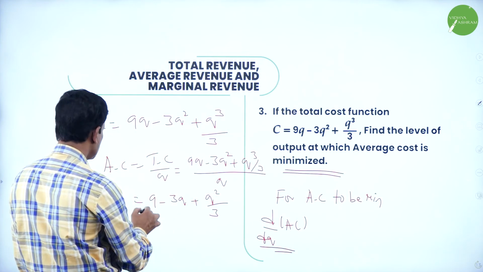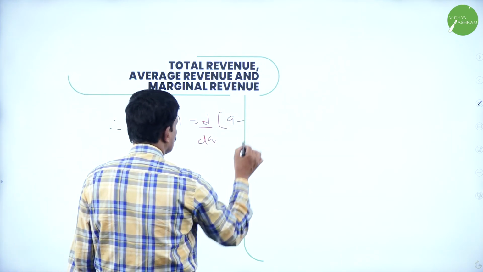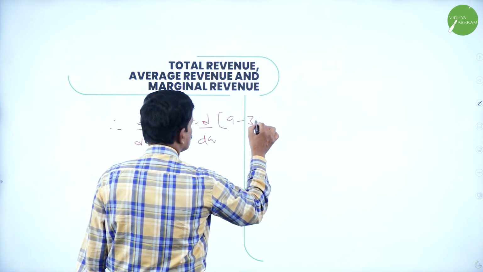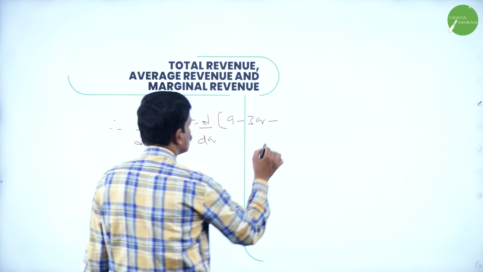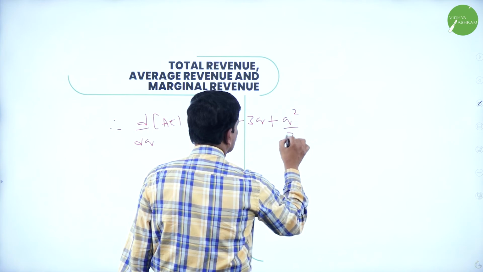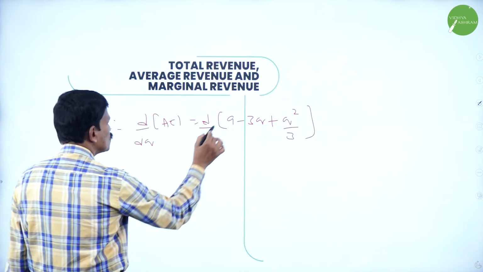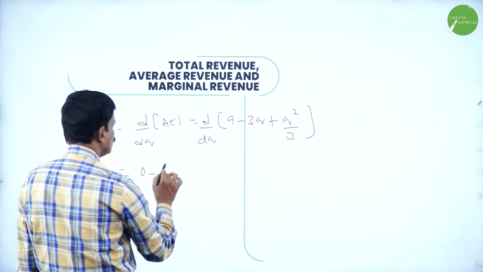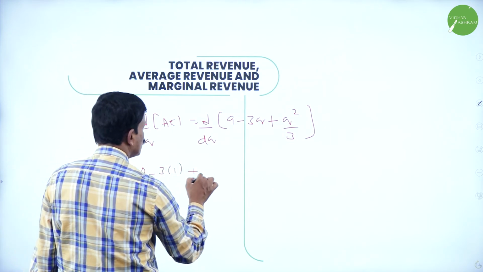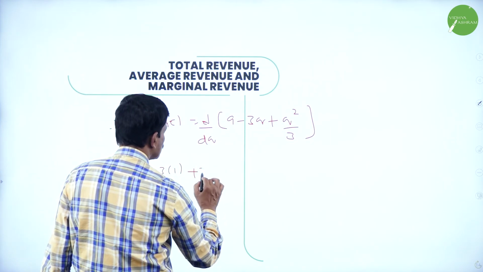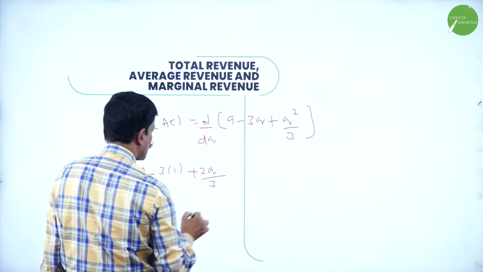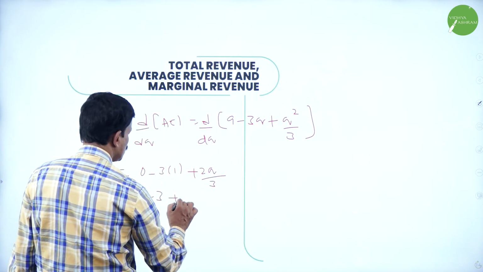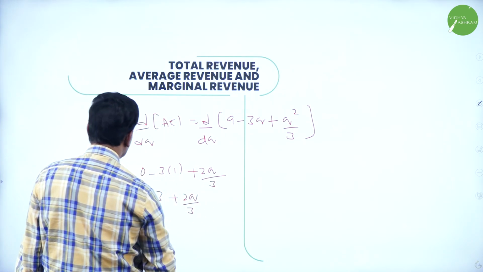What is average cost here? 9 minus 3Q plus Q square divided by 3. Differentiating this: differentiation of 9 is 0, minus 3 into differentiation of Q is 1, plus differentiation of Q square is 2Q, divided by 3 as it is. So this is equal to minus 3 plus 2Q divided by 3.